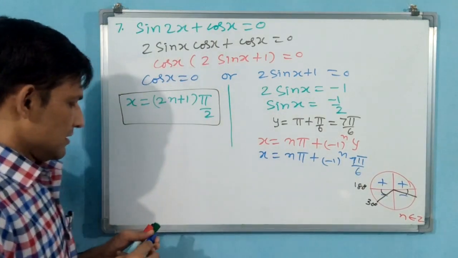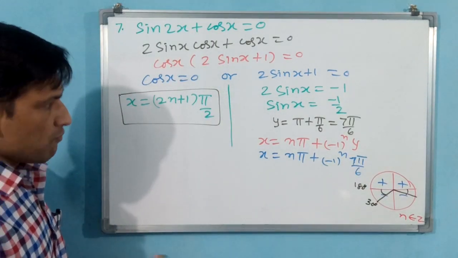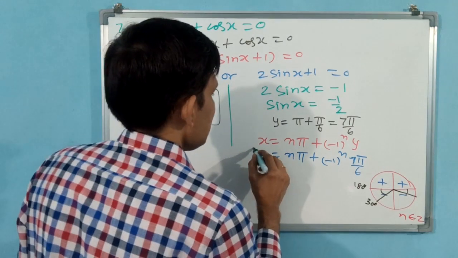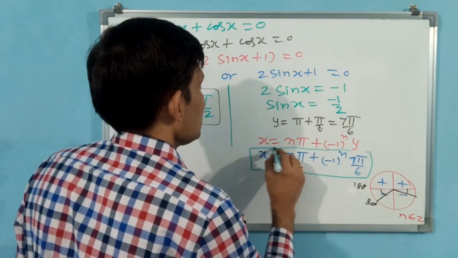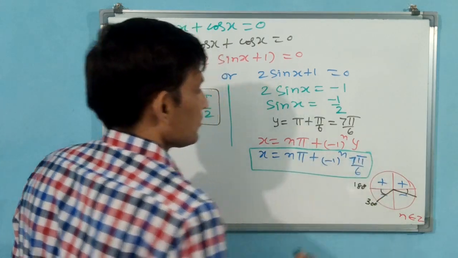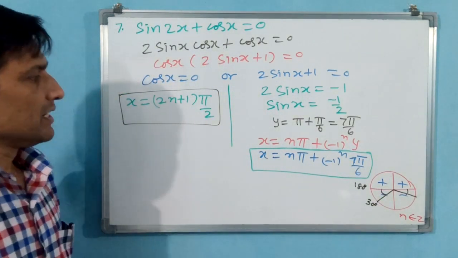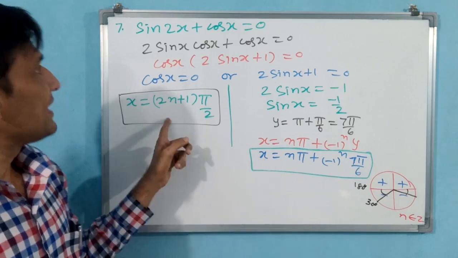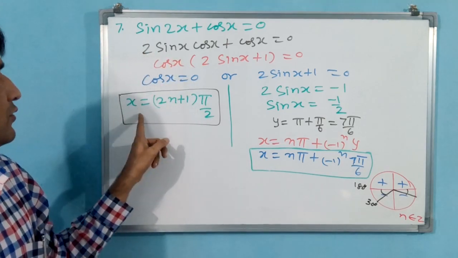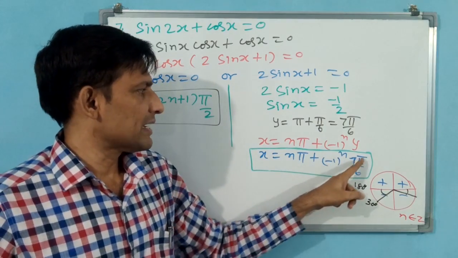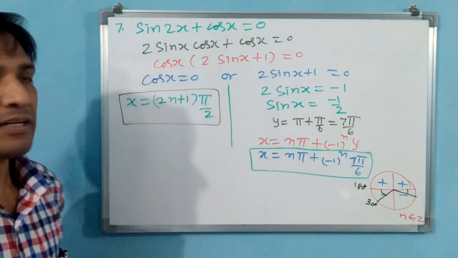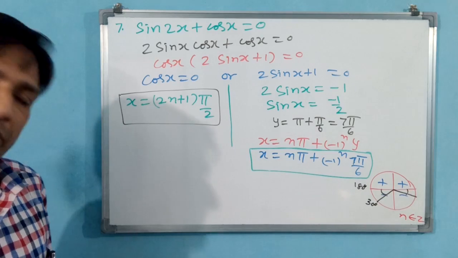Finally you have to box this equation, the general solution in equation form. These two are answers for this question: x is equal to (2n plus 1) pi by 2, and x is equal to n pi plus minus 1 whole power n, 7 pi by 6. Both are answers for your 7th question.